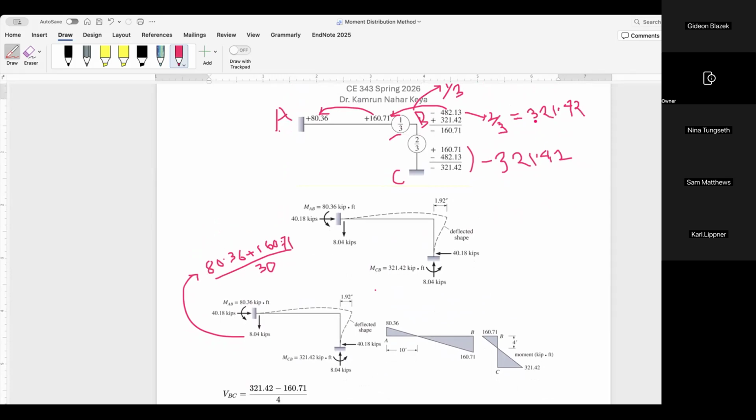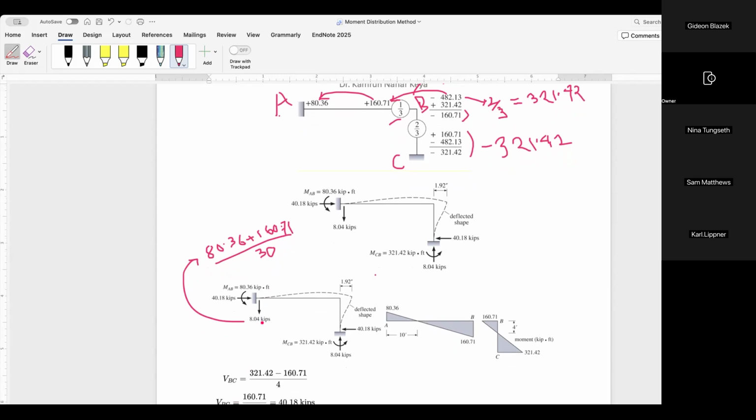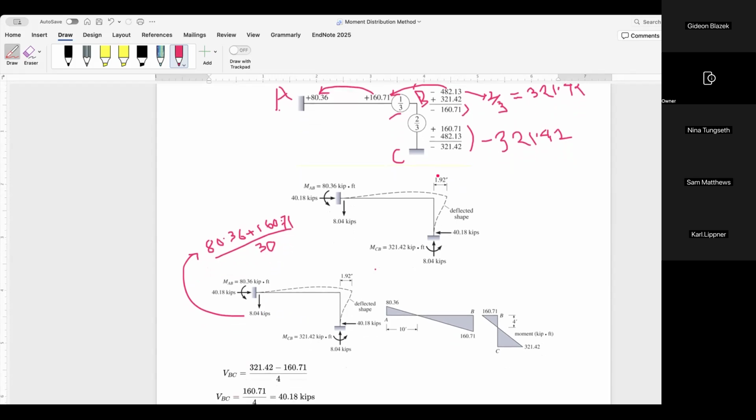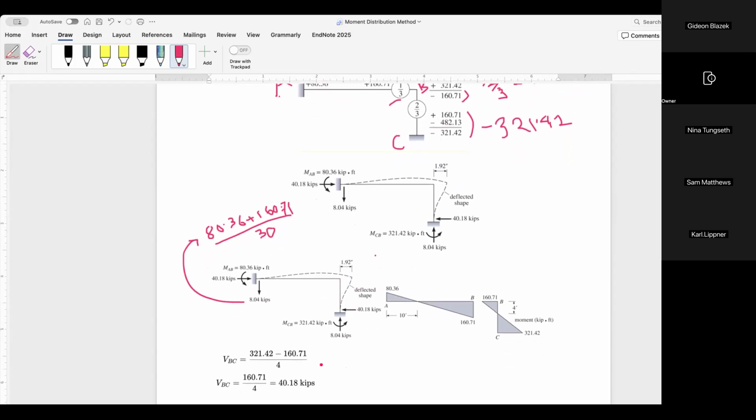What we get after carryover, now you'll be able to understand, is that we have the initial values here, then carryover, and after carryover, whatever value, that one is the moment. We use that moment divided by length 30, and then you will get 8.04. And again for the BC bar, you use the moment for this BC bar and just compute the reaction force.